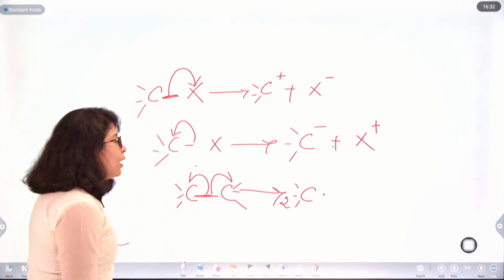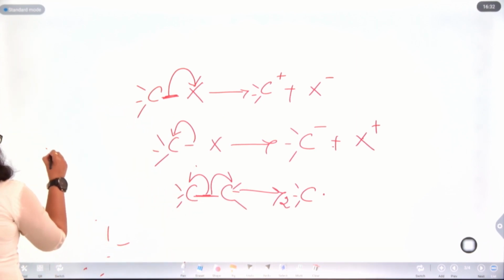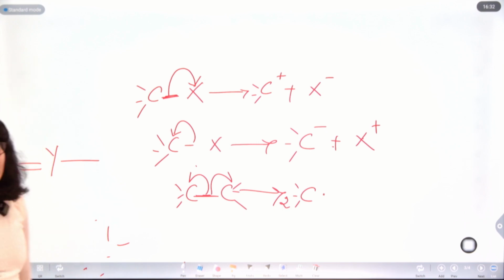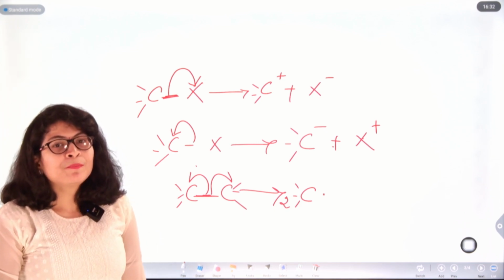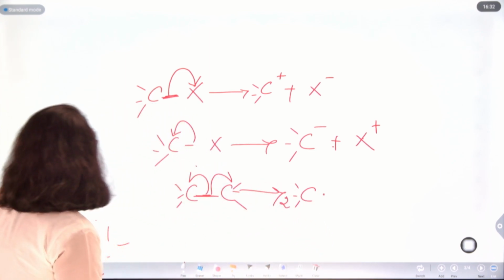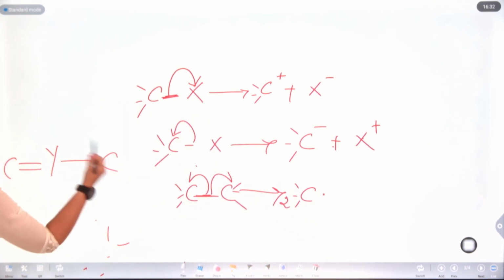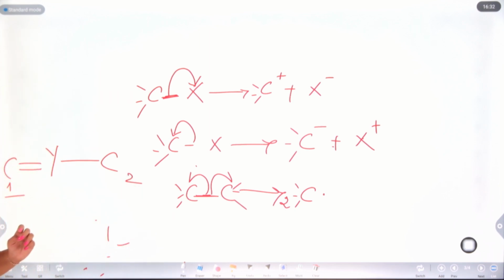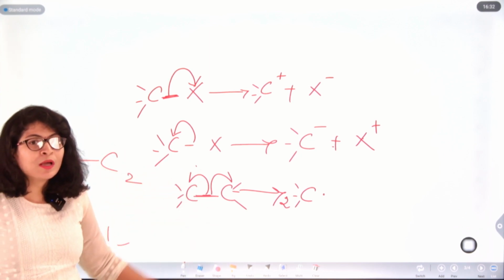Okay. And suppose there is an atom Y, which is doubly bonded here and singly bonded here. Suppose, for example, I have to show that the pi bond is shifting, where it is bonded to one particular carbon, C1, and here it is bonded to another carbon, C2. So if I have to show that the pi bond is shifting from C1 to C2, then how will I show?